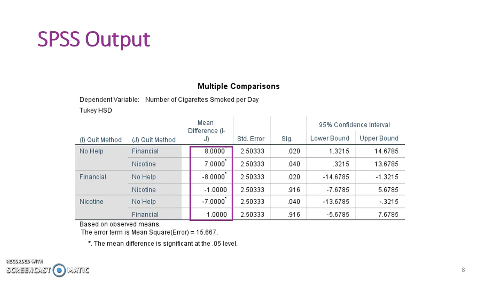So we can see in those first 2 rows, looking at the first 2 columns, that there is the no help group as compared to the financial group, and the no help group as compared to the nicotine group. And the actual mean difference is in raw units of smoking intensity. Again, this is the mean differences across groups.